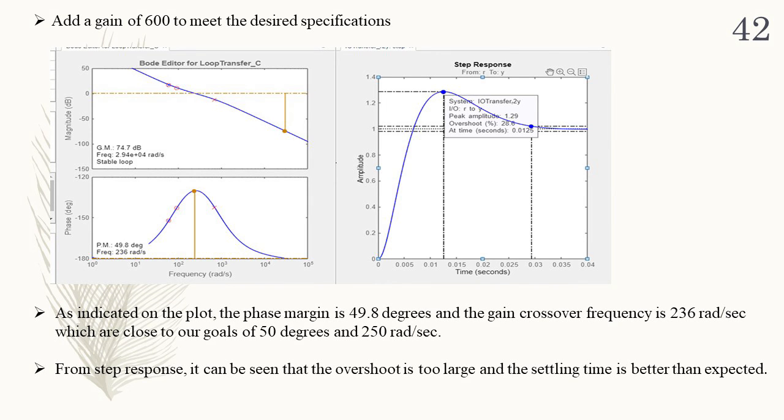By that, we get a plot with a phase margin of 49.8 degrees and a gain crossover frequency of 236 radians per second, which are close to our goals of 50 degrees and 250 rad per second. From the step response, it can be seen that the overshoot is too large and the settling time is better than required.